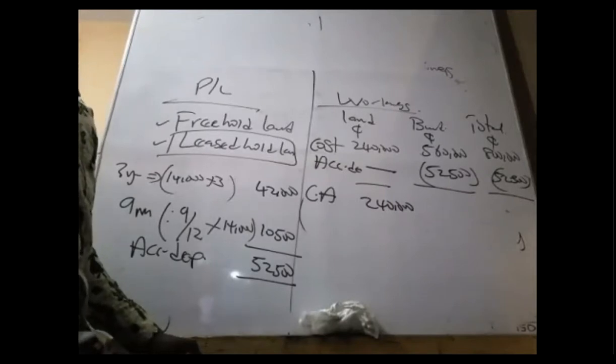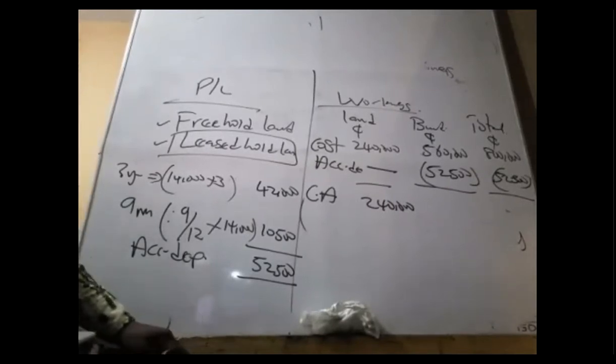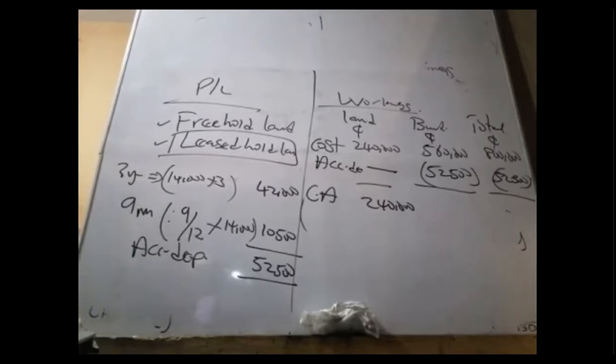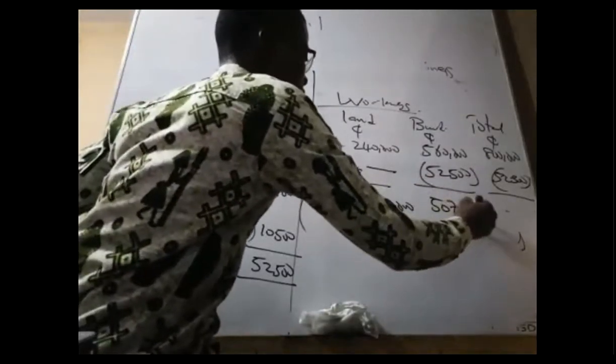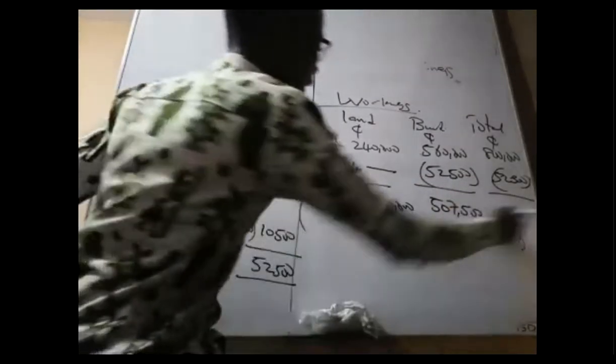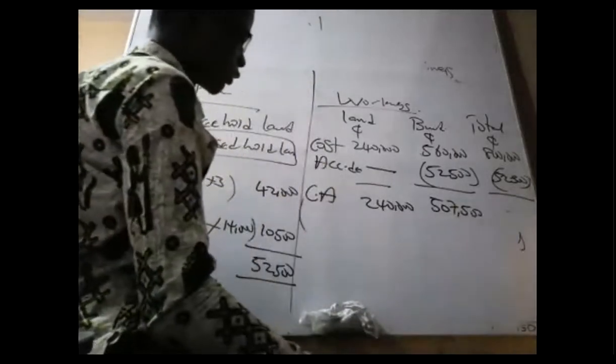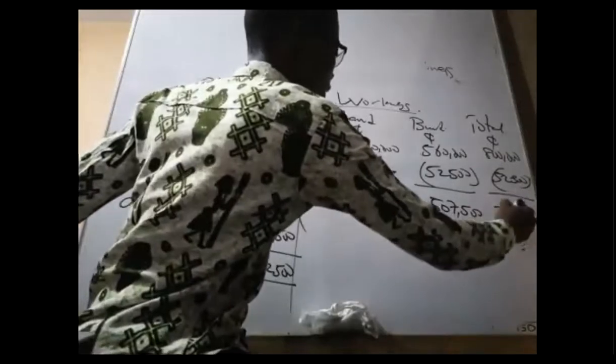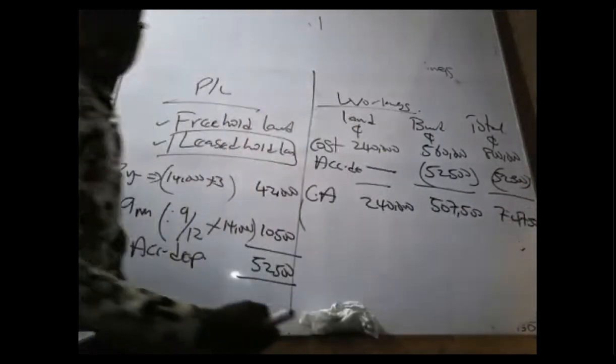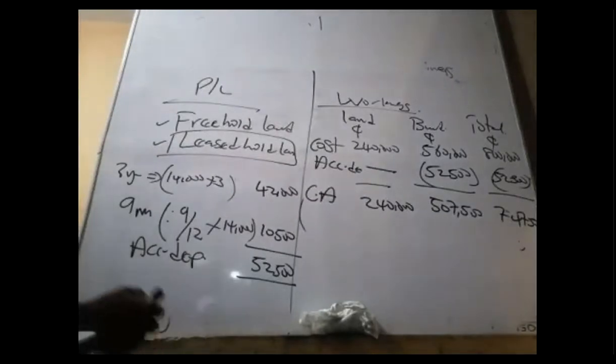That's 507,500, right? So 507,500. Then the total will give us 747,500. Good.